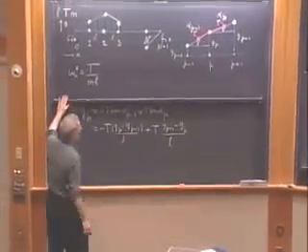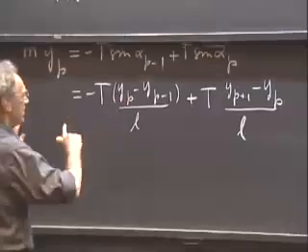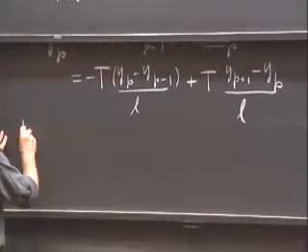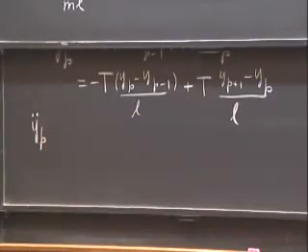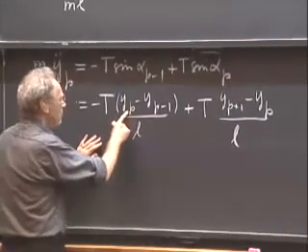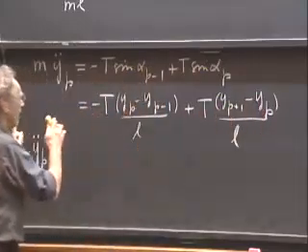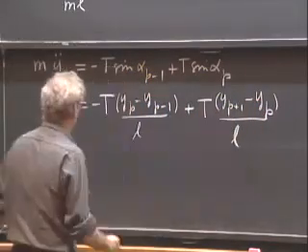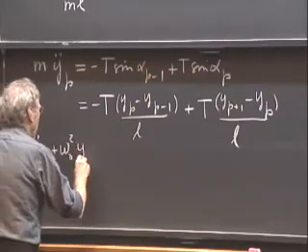So I can divide m out, and I can rewrite this, so get the m downstairs. And so we now get y of p double dot. And what I'm going to do now, I'm going to take the y p here and the y p there, and bring them to the left. I have a minus here and I have a minus here. So I get plus omega squared times y of p.